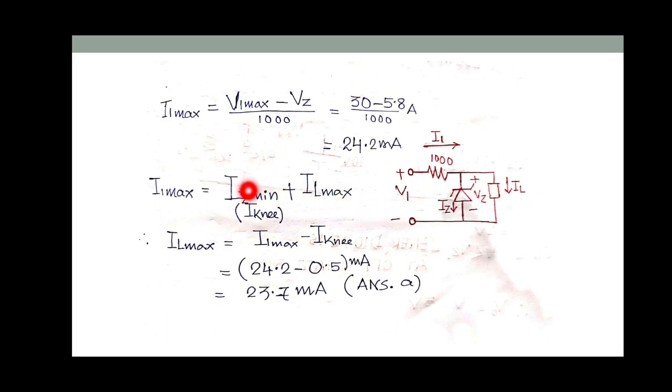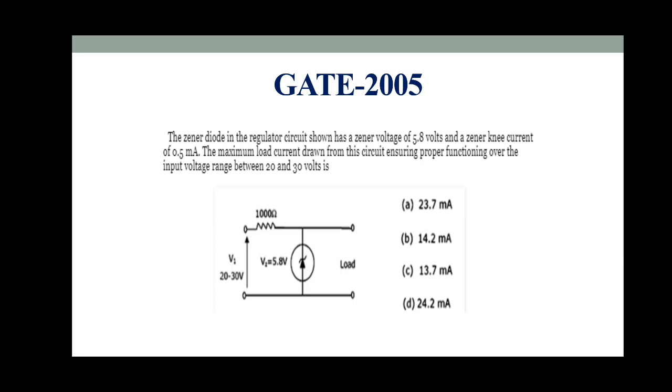IZ minimum value is given, that is the knee current. When IZ equals IZ minimum, then IL equals IL maximum. I1 max is constant, it is IZ plus IL. So when IZ value is minimum, IL is maximum. So IL max is I1 max minus the knee current, that is 23.7 milliamps.